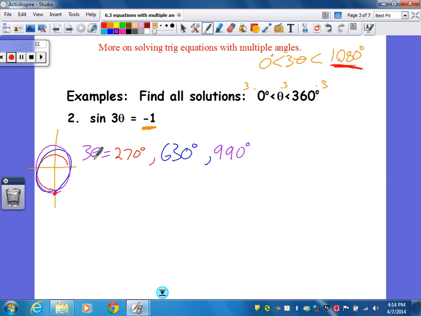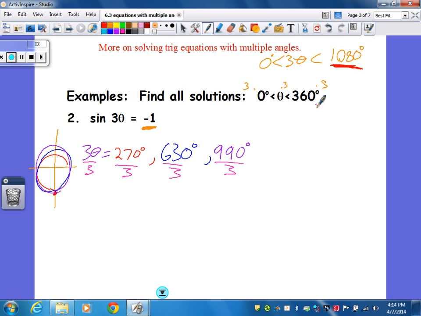Well, I want theta by itself. That's what we're solving for here. So how do I get theta by itself? I just need to divide everything by 3. That way we can get down into our 0 to 360.